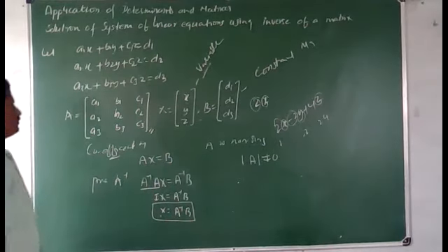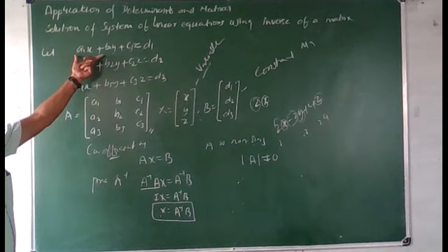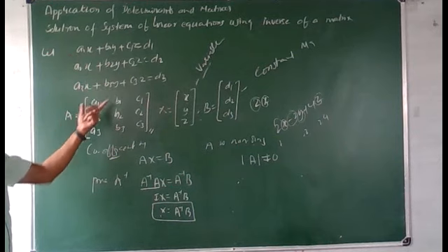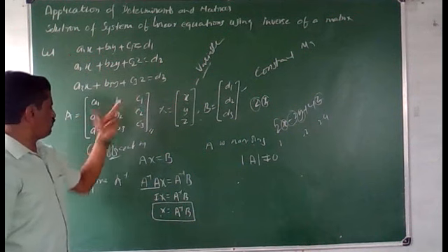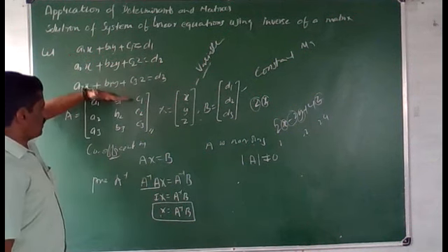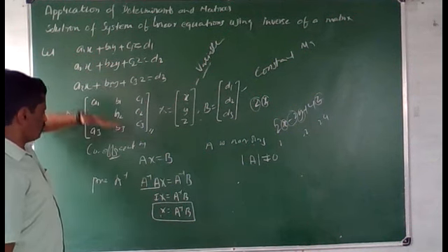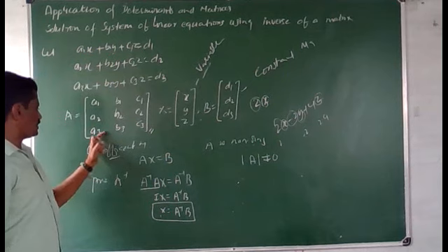Again, remember: write the coefficients of the system of linear equations in X, Y, Z form, the coefficients of the first equation, second equation, and third equation. This is the coefficient matrix.